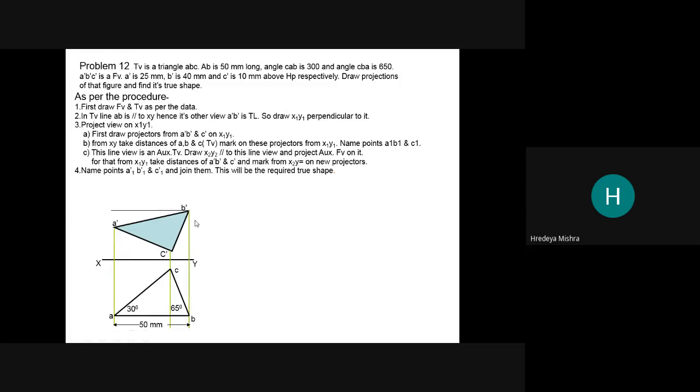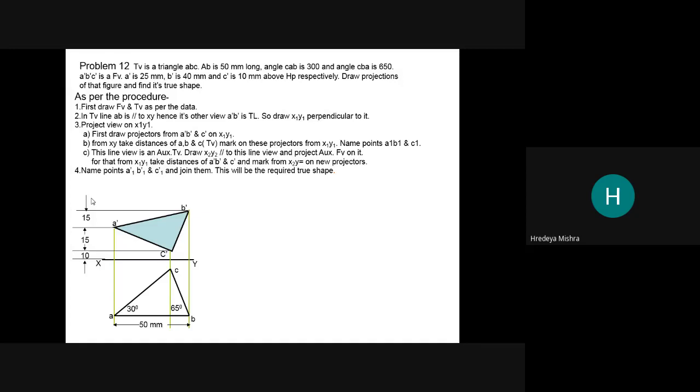So we get another view of the triangle. Now what is next? Draw the projection of this triangle. Now here distance is here. Okay, so we get all the things.